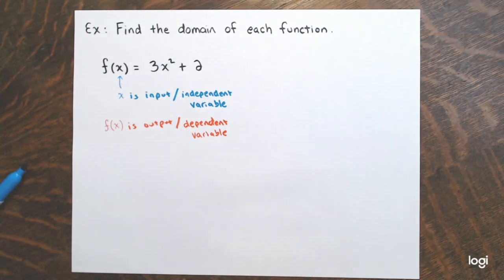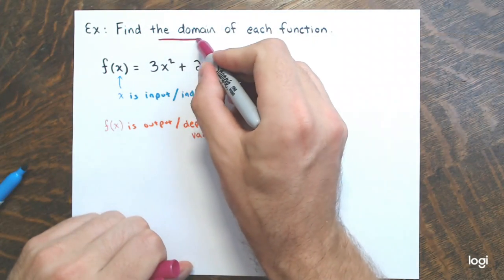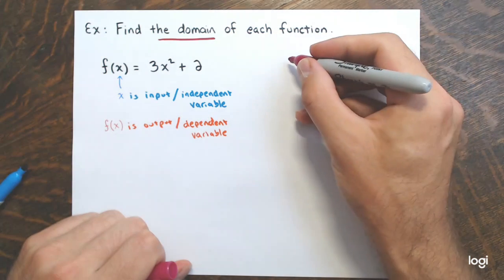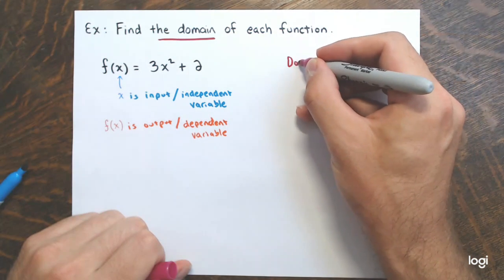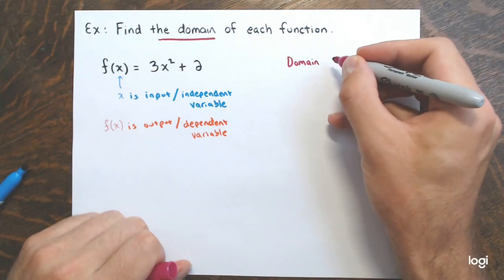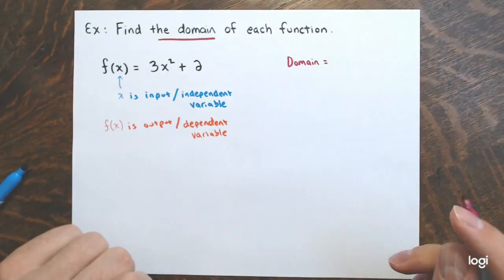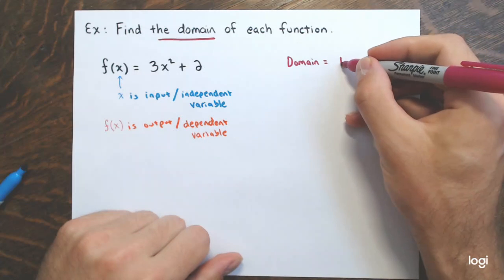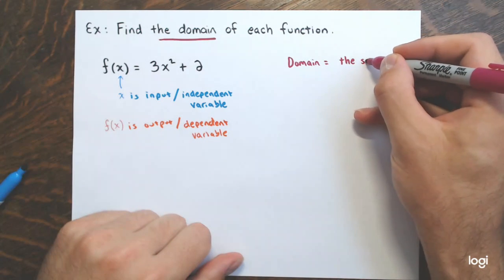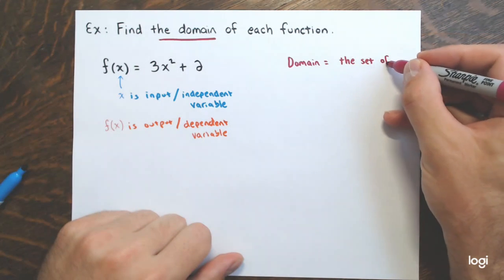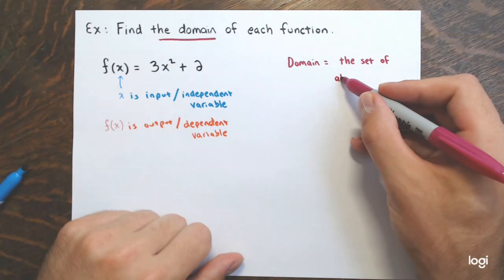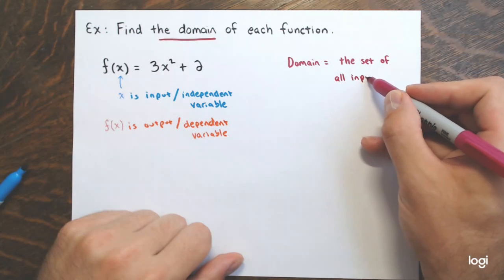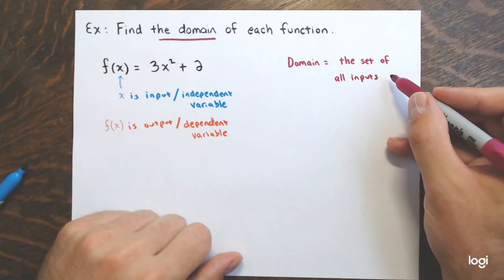All right. And when we're talking of domain, the domain of a function, I've mentioned this in videos before, if you've seen any of my videos on functions or relations. The domain is the set of all the inputs in a relation.